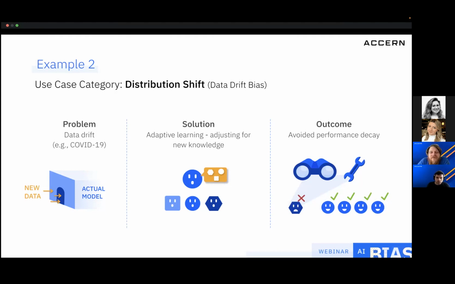So you want to be able to learn from those changes and understand them. We talked about this before: adaptive learning is a good solution here, which is able to keep your models up to date without having to retrain them from scratch. In general, that will prevent you from experiencing performance decay.